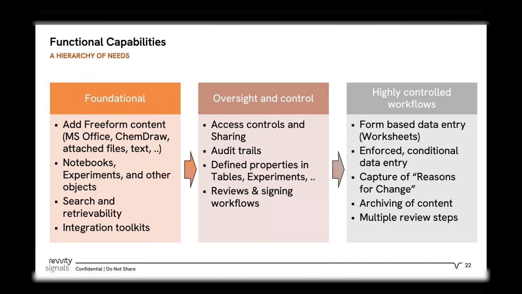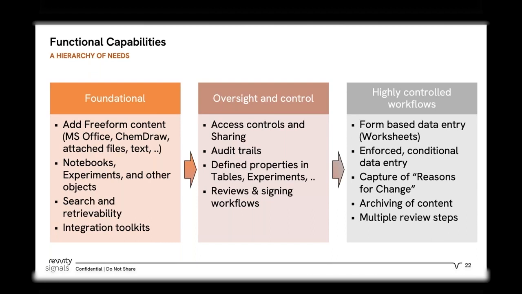Even our research scientists need some level of oversight and control. So I mentioned we provide really robust and agile access controls and sharing. This allows you as an organization to define who can see what, who can do what, but very rapidly change that should you have changes in business rules.